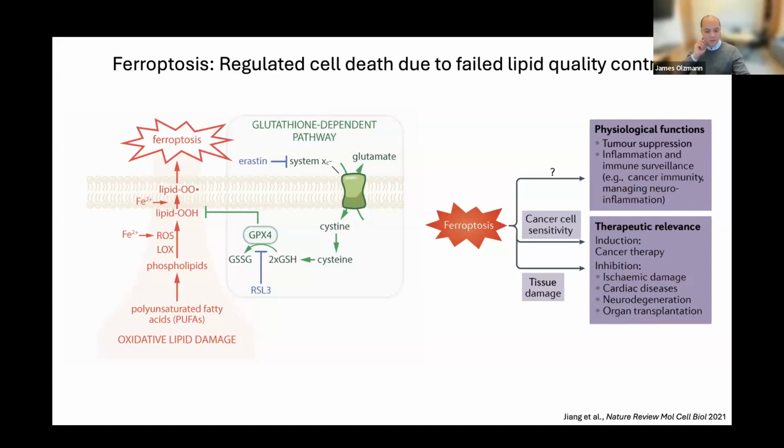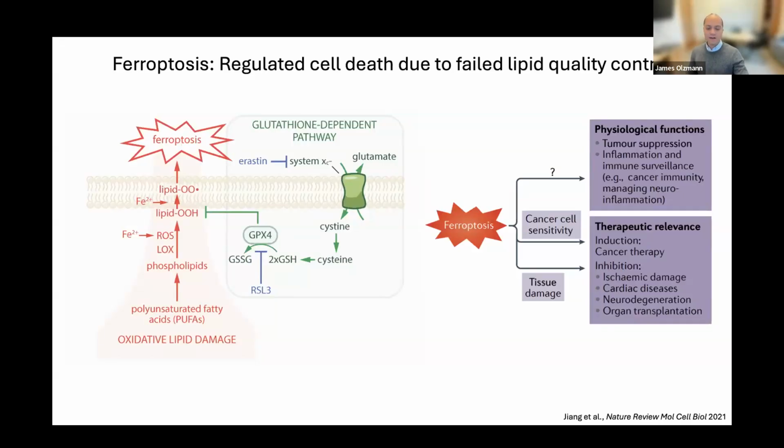Now, when we first became interested in ferroptosis, we noted that certainly in many cancer cells, you can inhibit GPX4, and these cells would die through ferroptosis. But we also noted that many cells were resistant to inhibition of GPX4. In some cells, we could knock out GPX4, and they would continue to grow and divide, at least in cell culture.